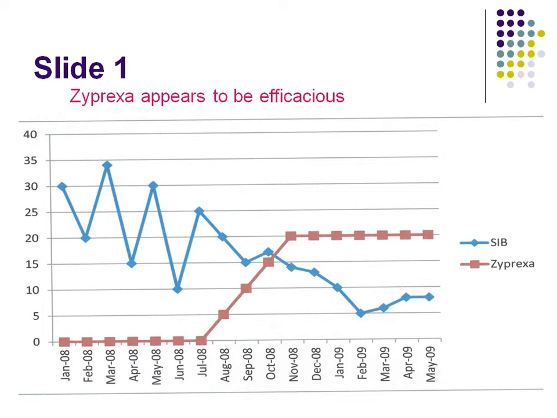In a situation like that, the family would like to see him have no incidence of self-injurious behavior. So on the next slide, we're going to continue that. This one ends at May 2009, and we will start in June 2009 on the next slide.